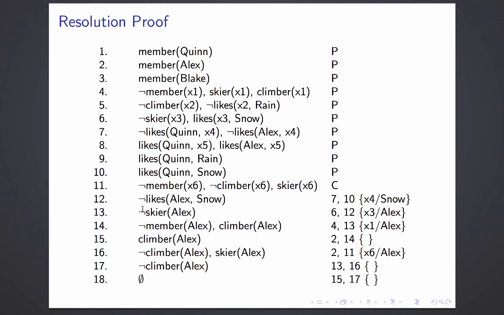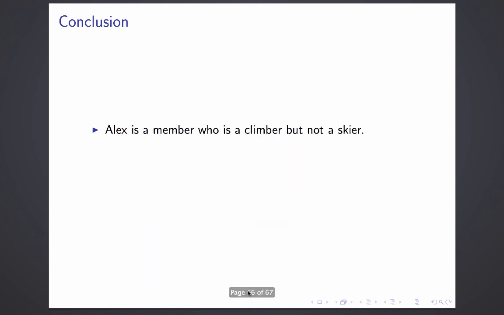And finally, I can resolve 15 and 17 with an empty substitution list to derive the empty set. And so therefore, my conclusion is that Alex is a member who's a climber, but not a skier. So the question is, well, Alex is a member who is a climber, but not a skier, but what about Blake, and what about Quinn?